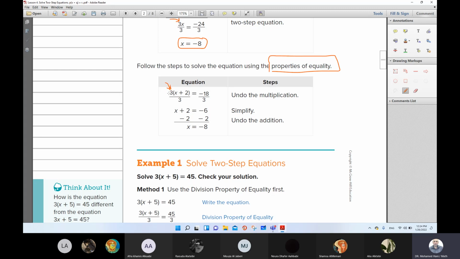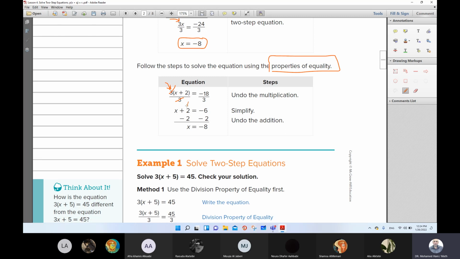To remove 3, you can divide the two sides by the same number, by 3. Divide here by 3 and divide here by 3. 3 divided by 3 will be 1, remains x plus 2. In the second side, negative divided by positive equals negative. 18 divided by 3 will be 6.